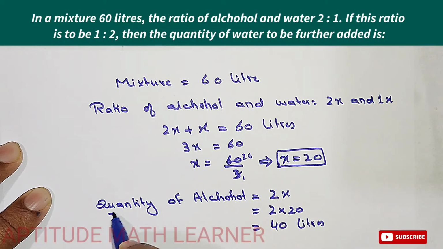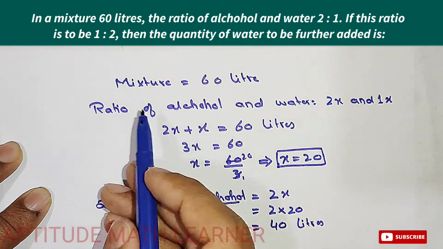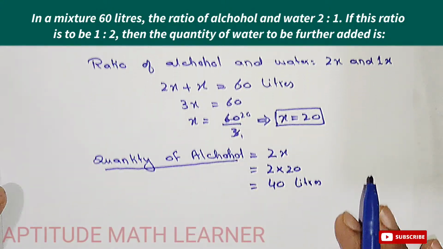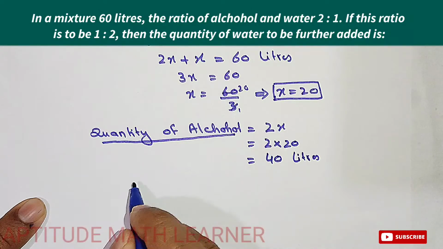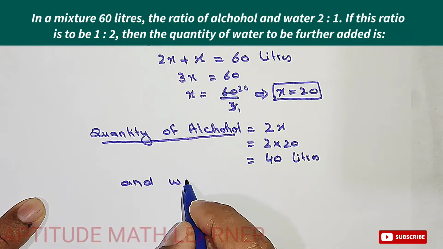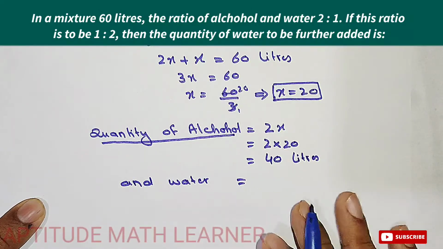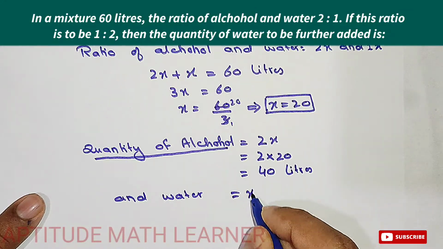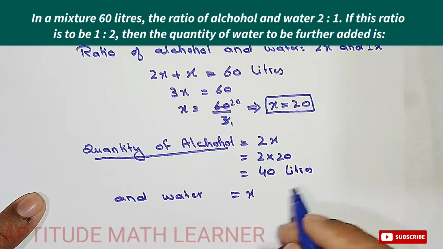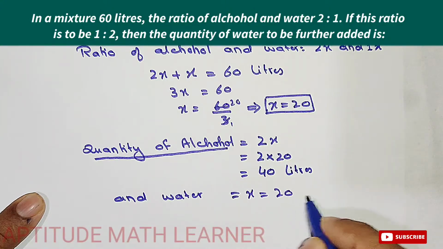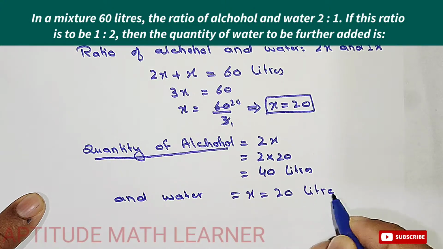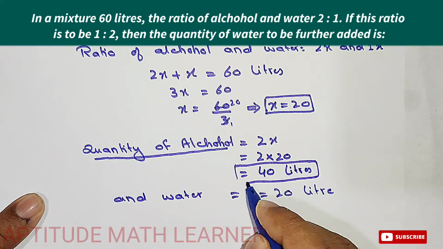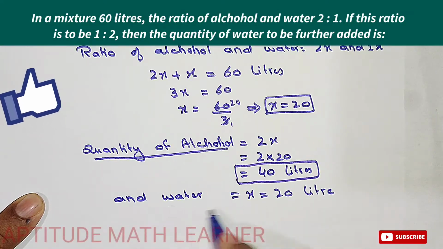This is the quantity of alcohol in the mixture of 60 liters. And for the quantity of water, in the ratio we have taken 1x, so that is x, and x is equal to 20 liters. So here we have alcohol, 40 liters, and water, 20 liters.